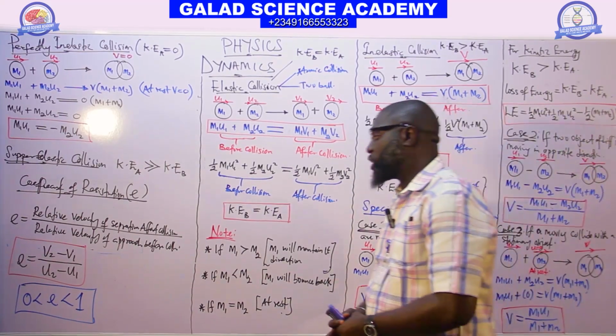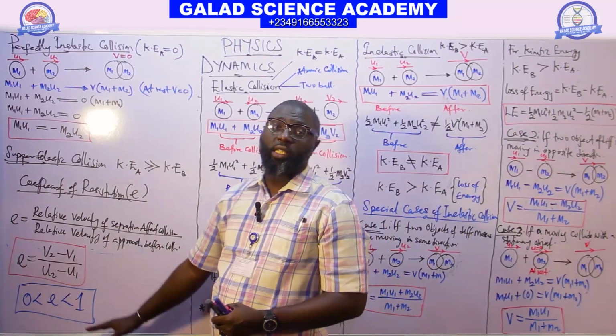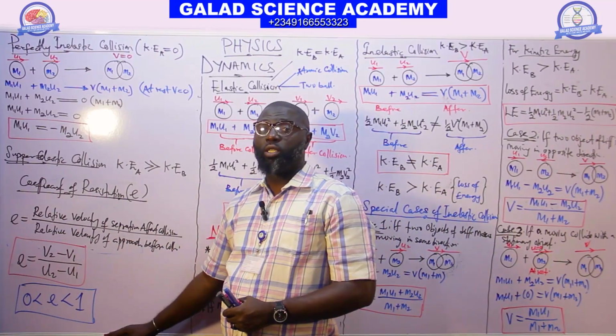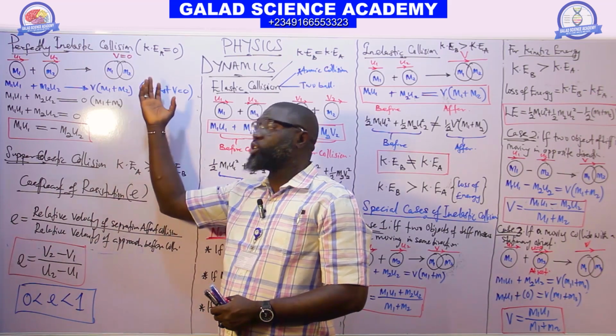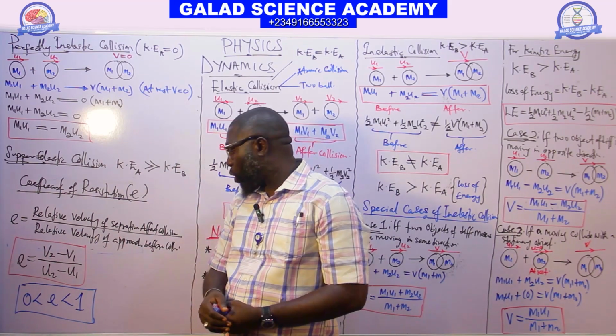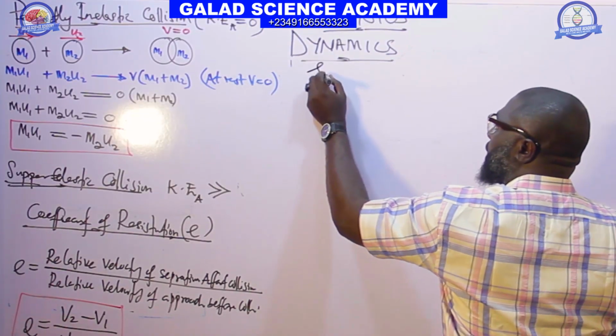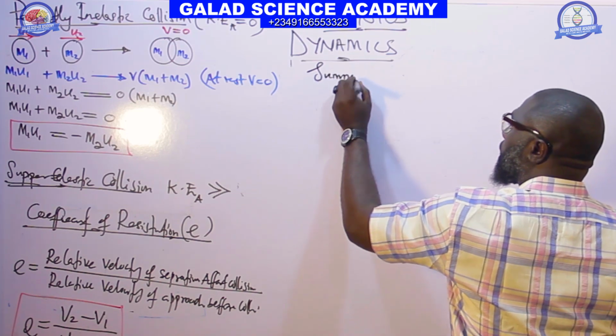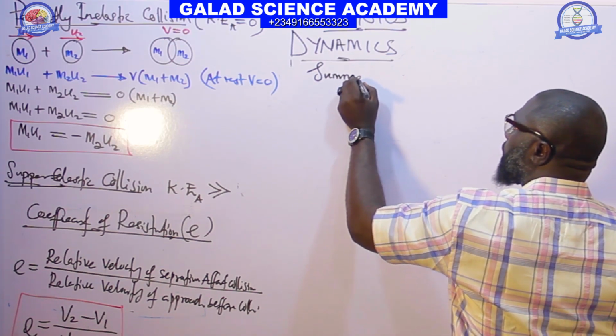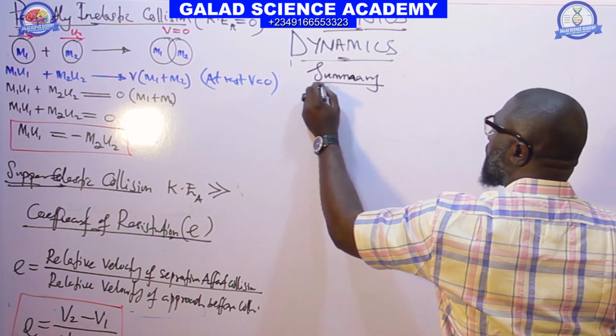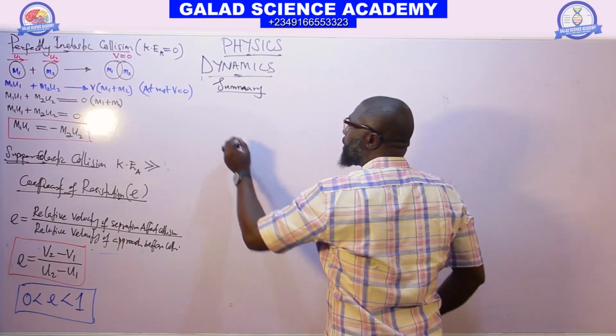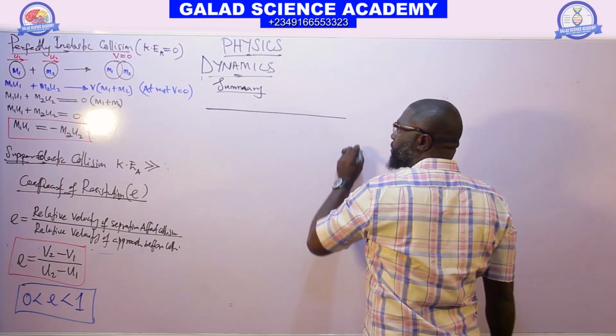This coefficient of restitution is a quantity that you can use to determine the kind of collision that occurs. Summary of everything: we can have it in this form.